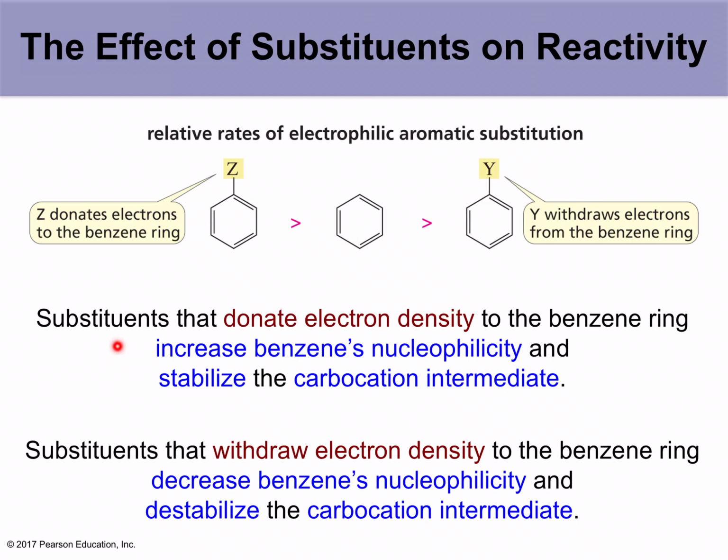Substituents that donate electron density to the benzene ring increase benzene's nucleophilicity and stabilize the carbocation intermediate. Substituents that withdraw electron density from the benzene ring decrease benzene's nucleophilicity and destabilize the carbocation intermediate.